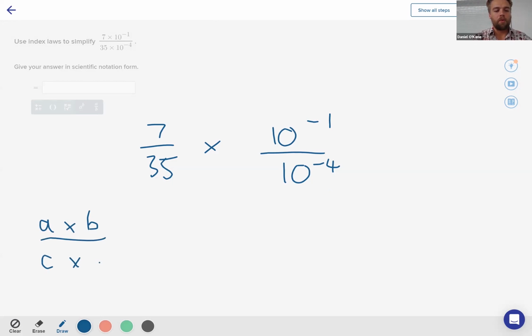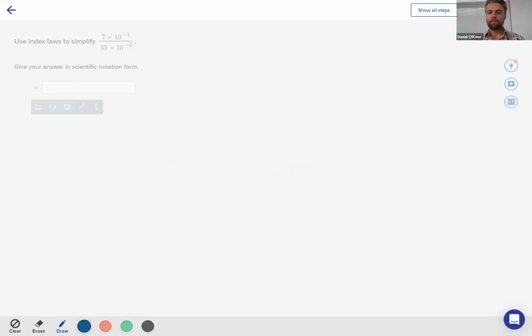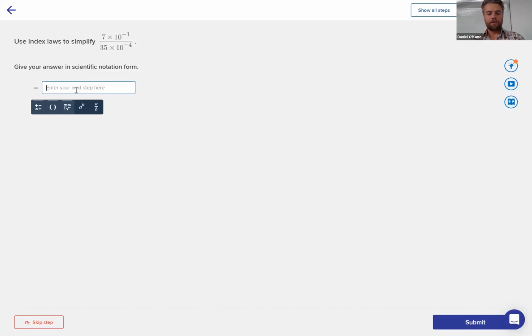So two numbers multiplied in the numerator divided by two numbers multiplied in the denominator, I can write as two fractions being multiplied together like this. That's how I've managed to go from here down below to here, okay? So I get 7 over 35 times 10 to the power of -1 over 10 to the power of -4.